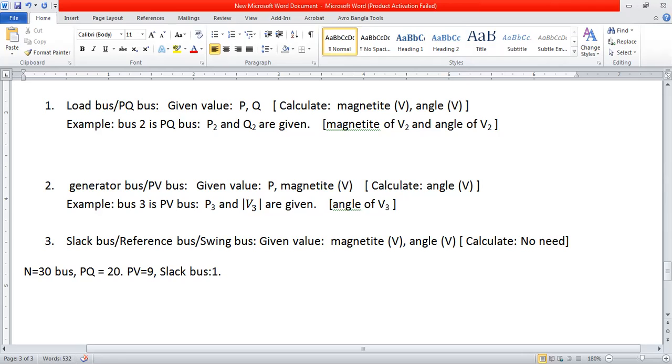So one thing you have to remember: in this particular power system, the number of non-generator buses is 20 and the total number of generator buses is 10.